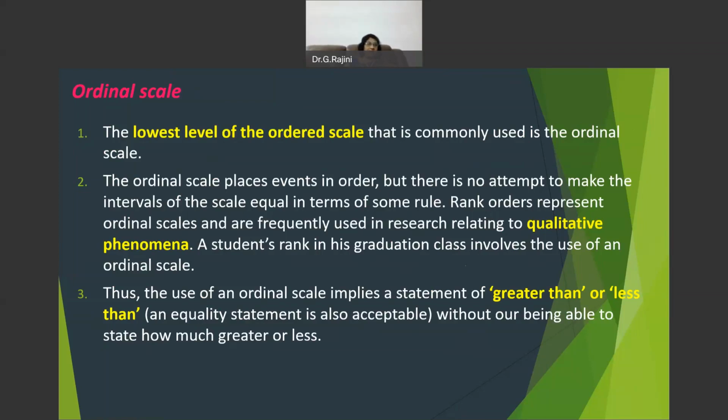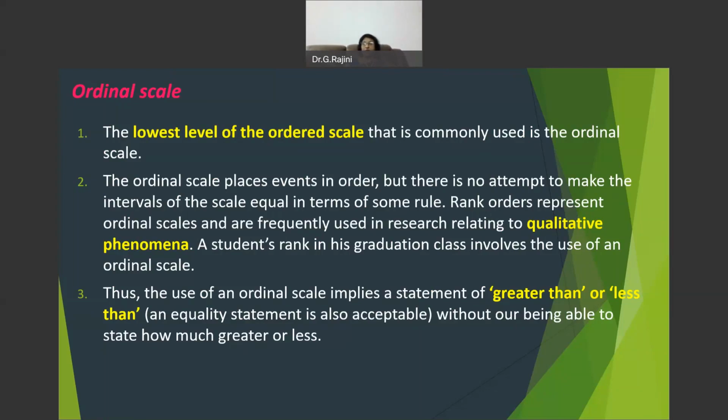The student rank in his graduation is one of the best examples of an ordinal scale. Thus, the use of ordinal scale implies a statement of greater than or lesser than. So this fellow is higher than him or lesser than him. That's what we could find out without being able to state how much greater or how much lesser.